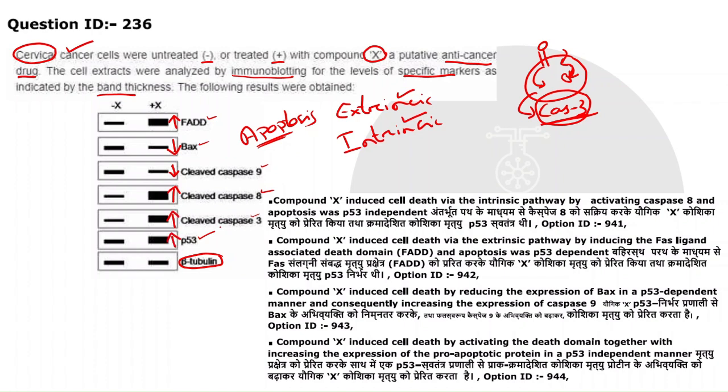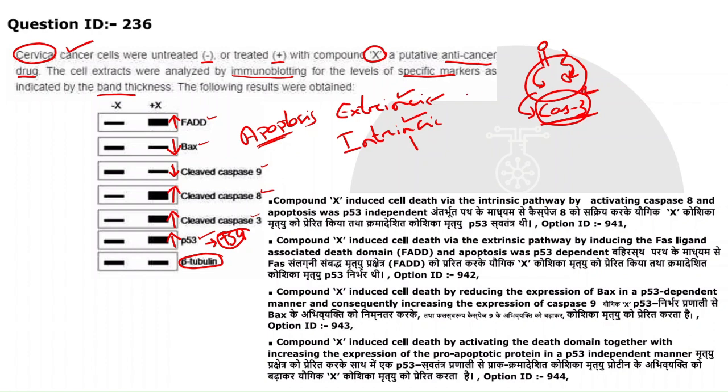P53 is a TSG, a tumor suppressor gene, and a transcription factor; it enters the nucleus and induces apoptosis. Both pathways come to Caspase 3 at the end, but through different routes.